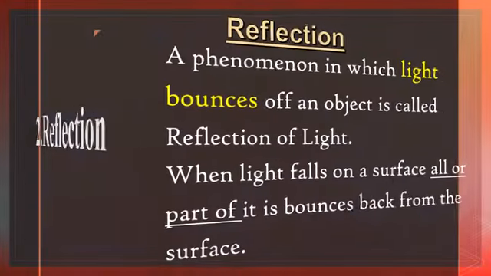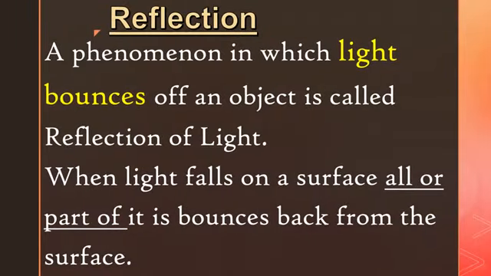Moving ahead to the next topic, that is reflection. After knowing about the basics of light and how a ray of light propagates, let us now look at one more term, that is reflection.